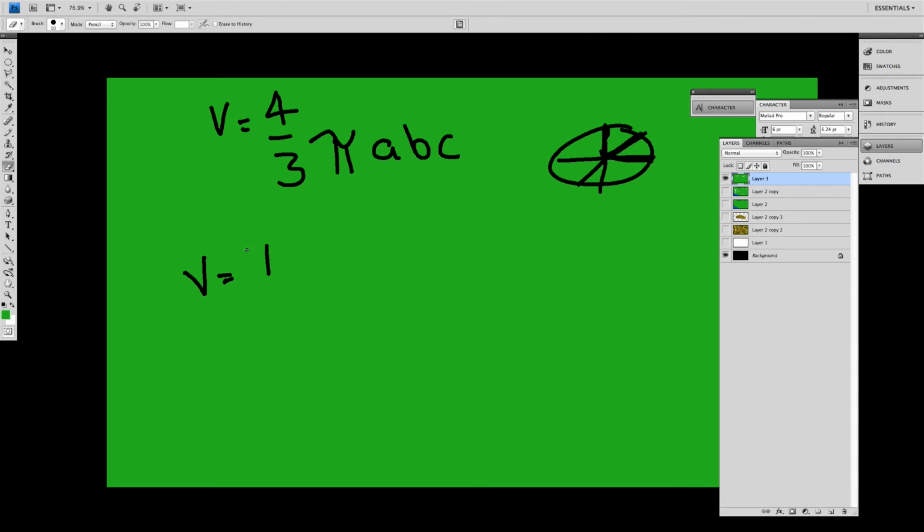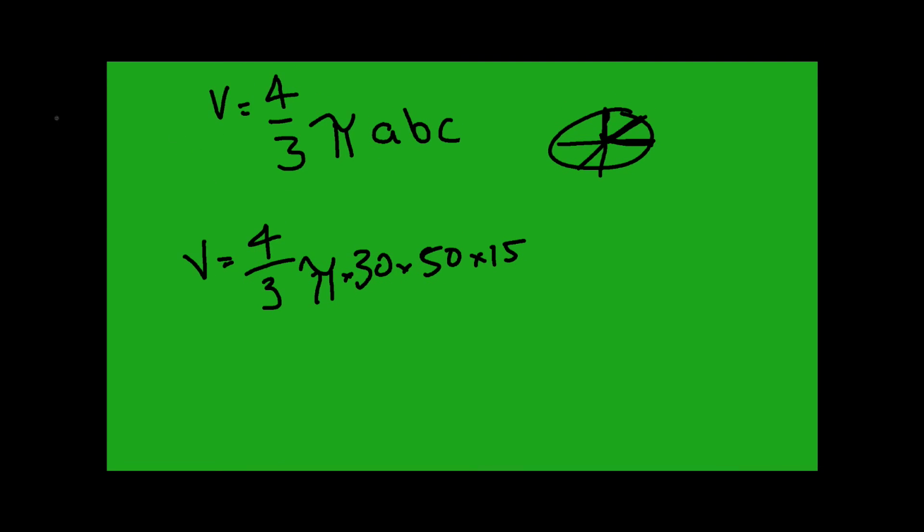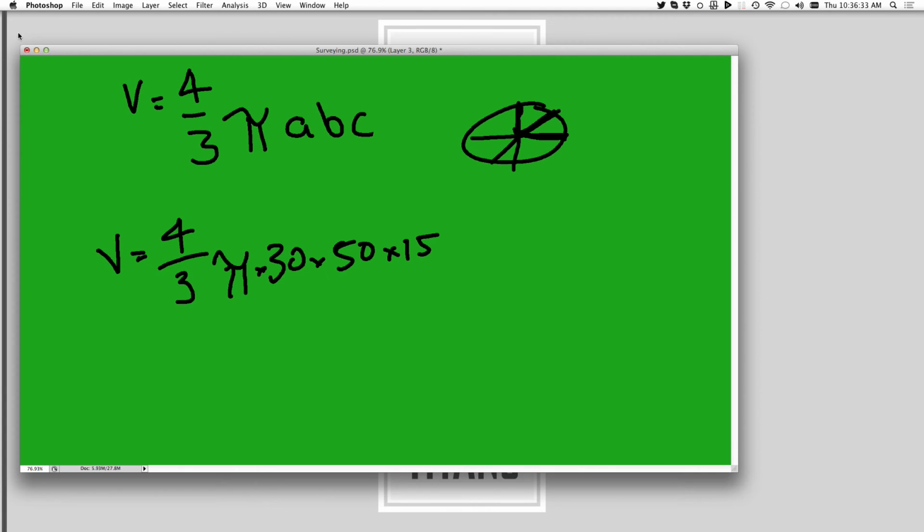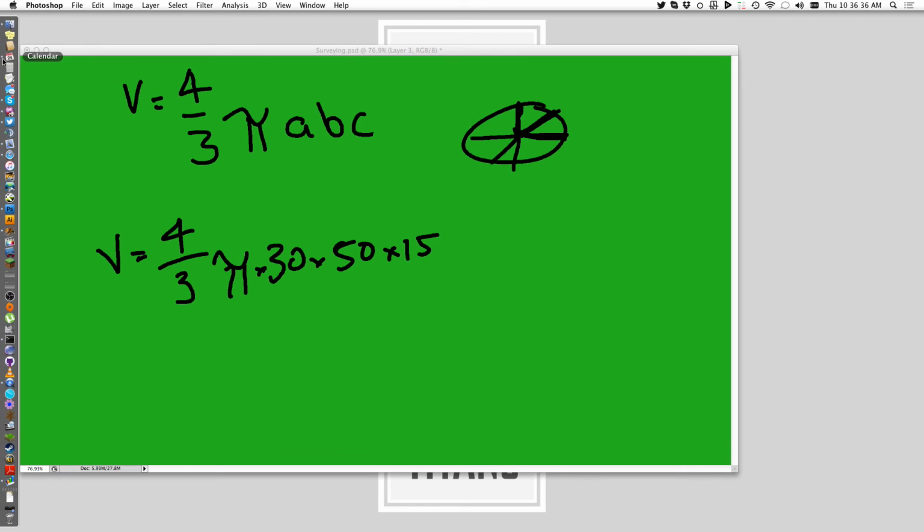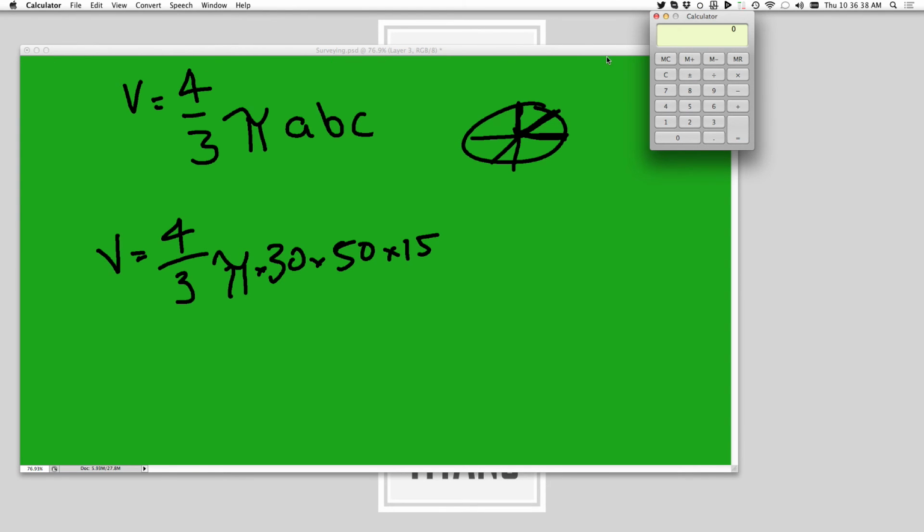Volume equals 4 over 3 pi ABC. So that's 30 times 30 times 50 times 15. All right, now I'm going to run that through a calculator. Let's see if I can get that calculator going.